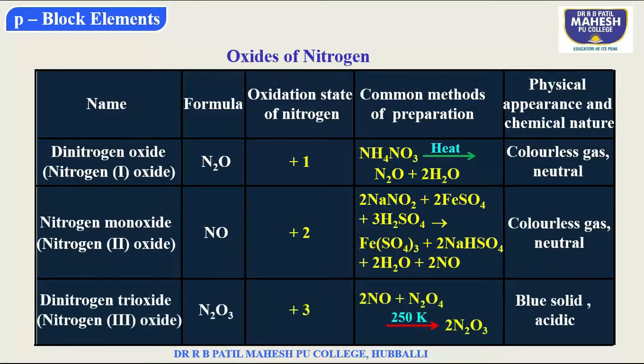The third oxide is dinitrogen trioxide, also called nitrogen 3 oxide, in which nitrogen has an oxidation number of +3. It is obtained by the reaction between nitrogen monoxide and dinitrogen tetroxide at 250 Kelvin. It is a blue solid, but acidic in nature.